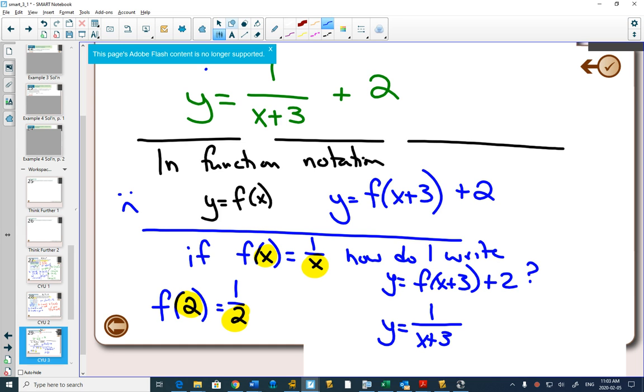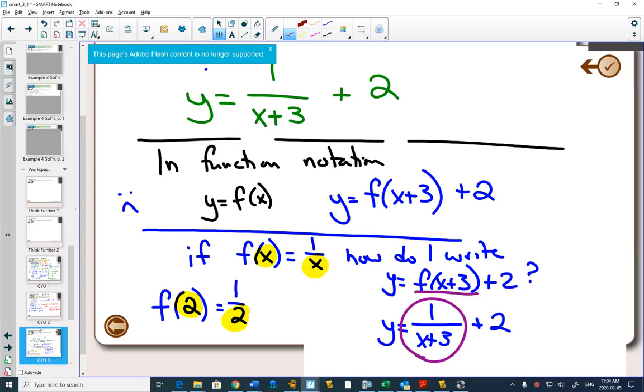That's what the notation means. And then I have a plus 2 afterwards. Does that make sense? All a function does, whatever you put in, it replaces every x with what you put in. So if you put in a 2, it replaced the x with 2. If you put in an x plus 3, it would replace the x with x plus 3.